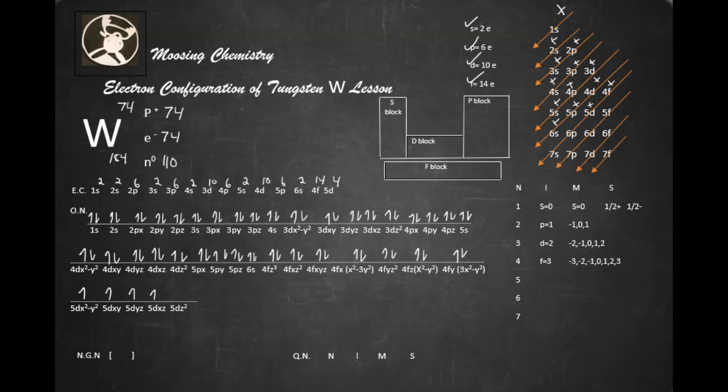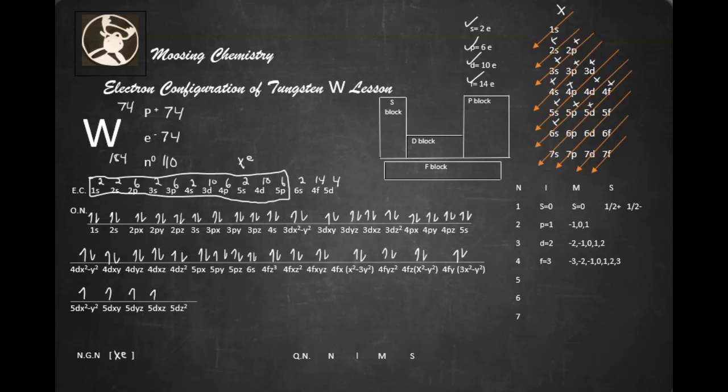Now let's look at our noble gas notation. The nearest noble gas to wolfram is xenon. You can't use radon because that's afterwards. We know that xenon ends in 5p6, so that cuts all that out.